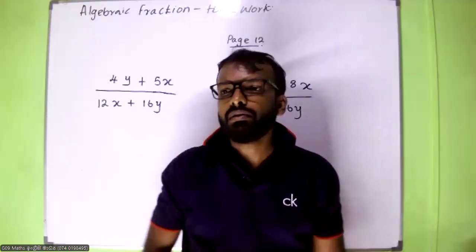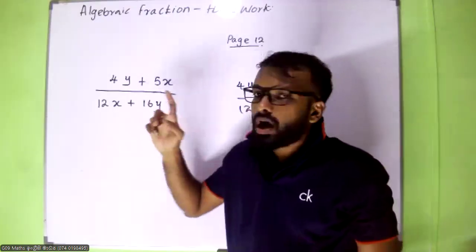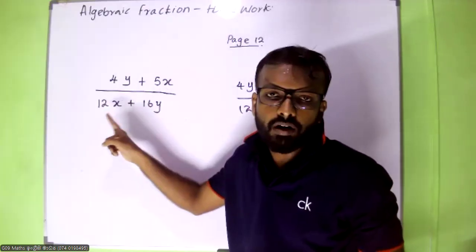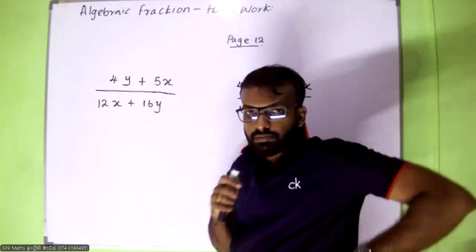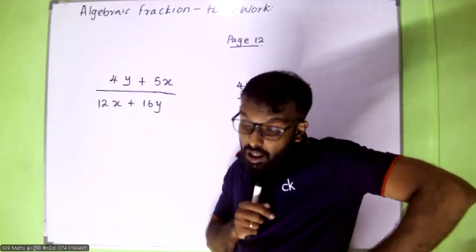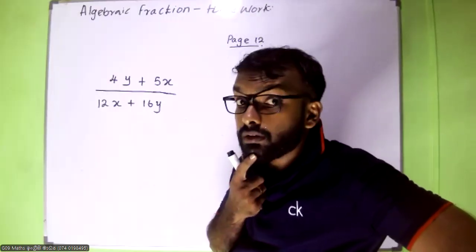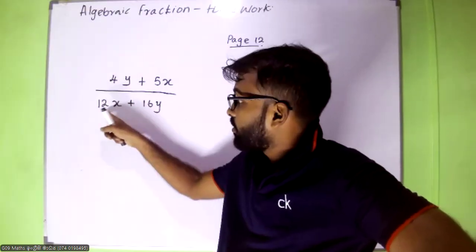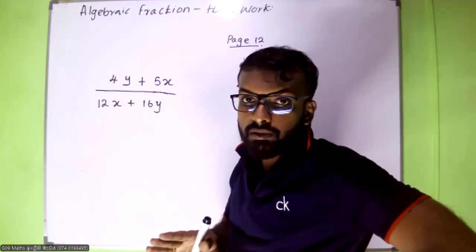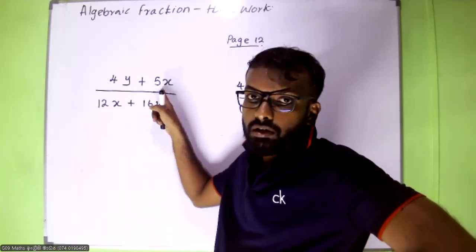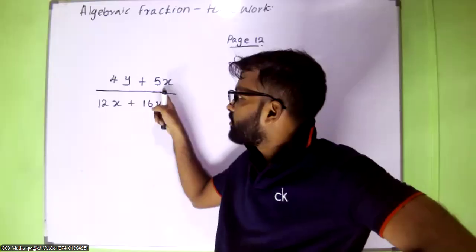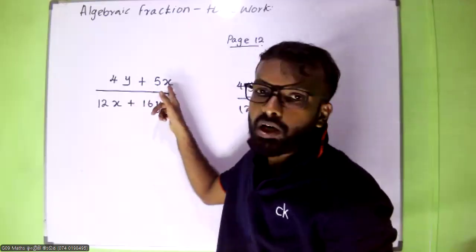Tell me, are there any common factors for all of the 4 terms? There are only 3 terms that share one, so you cannot find any common factor. This term 5x is not a multiple of 4.